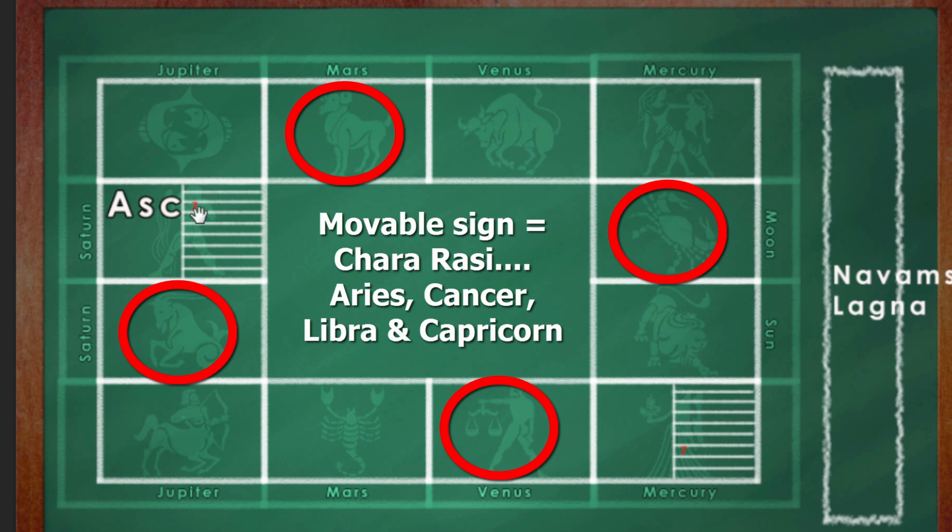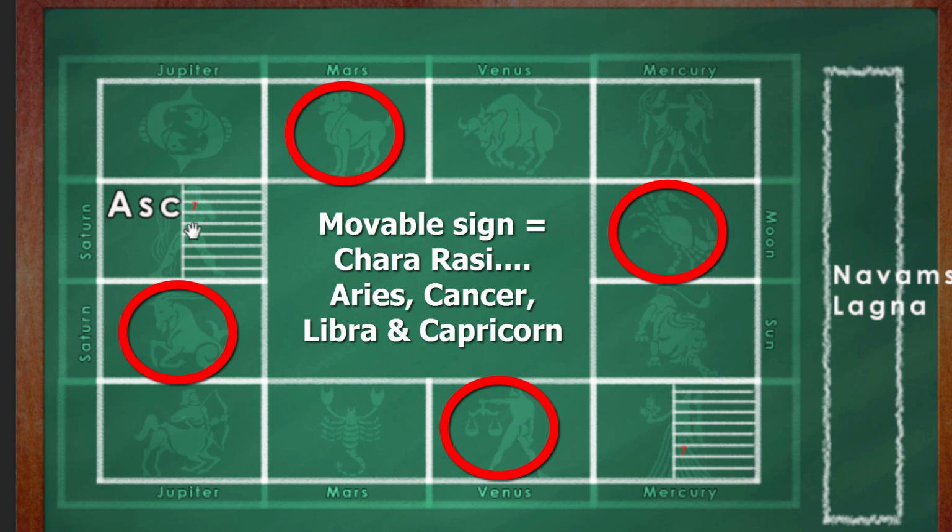Now, if the 7th part is the exact rising sign of Amitabh Bachchan, then where do we start counting from? That's the next point. Now, from here, you look at the same place, the 5th house and the 9th house.